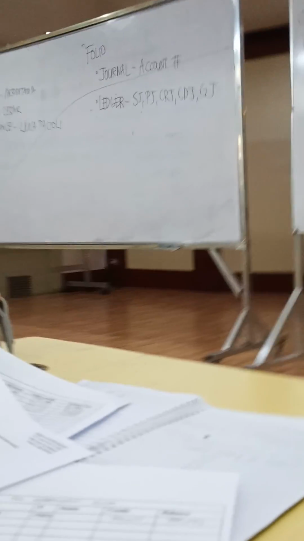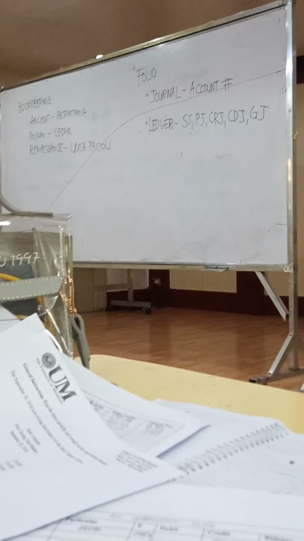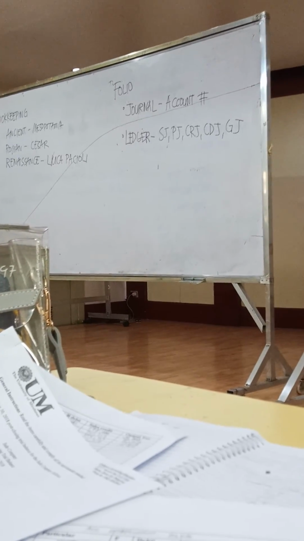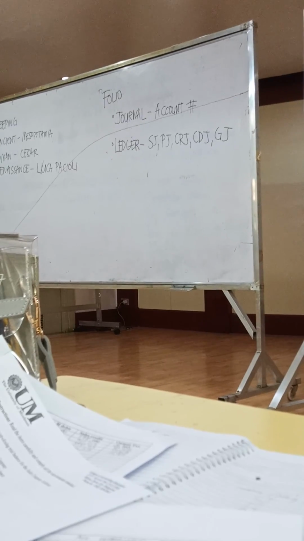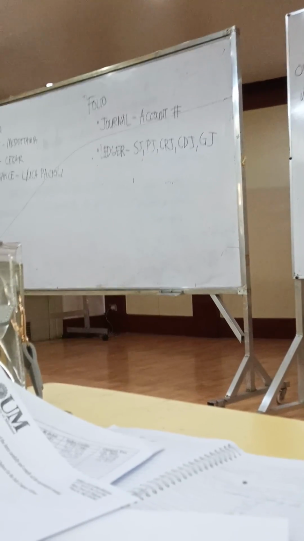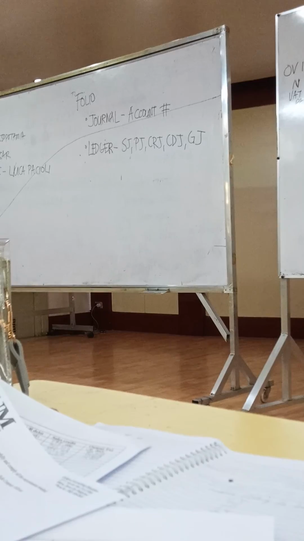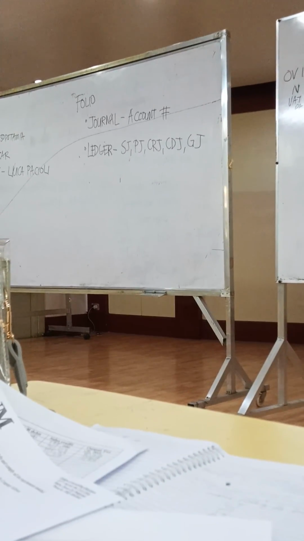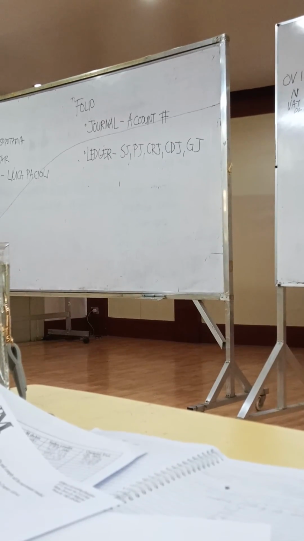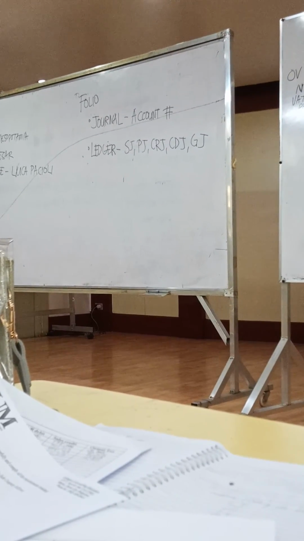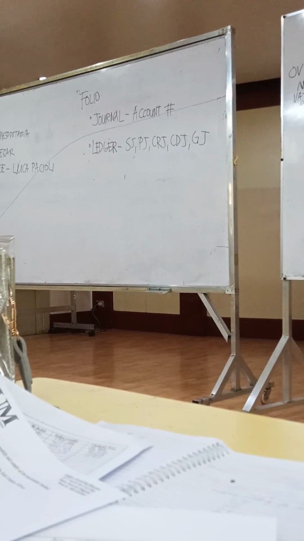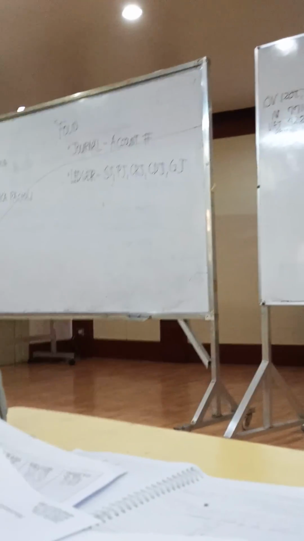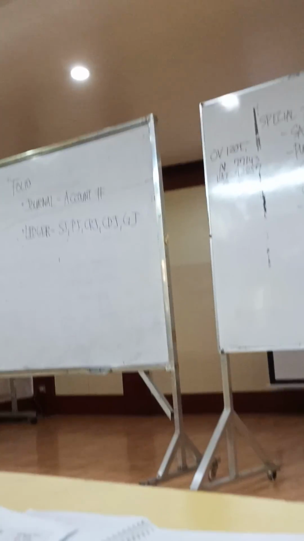If the folio is on the ledger, it is CDJ, SJ, PJ, or GJ, which shows where the entry came from. For example, in the sales journal, you have sales of 1,111,250. You post that to your sales ledger, and in the folio put where it came from, SJ.